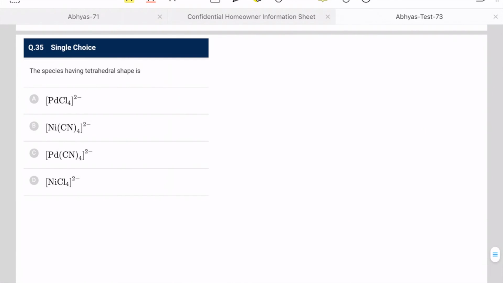The species having tetrahedral shape is. This is also a little difficult question.